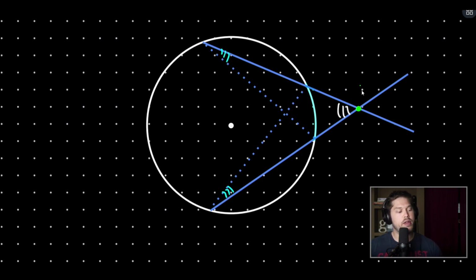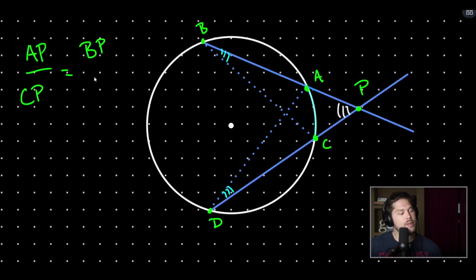So again, I'm going to call the intersection point, point P. I'll call this point, point A, and this one out here, point B. This point C, and this point D. And now let's write the relationship. We see that AP is to CP, as DP is to BP.